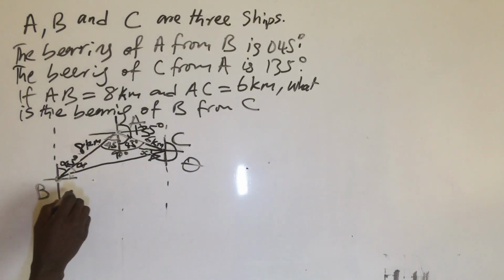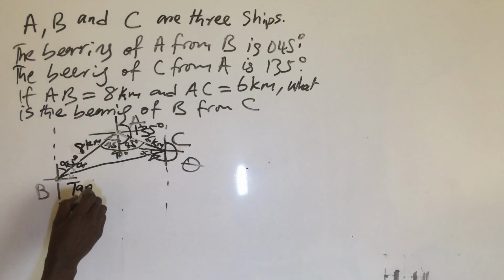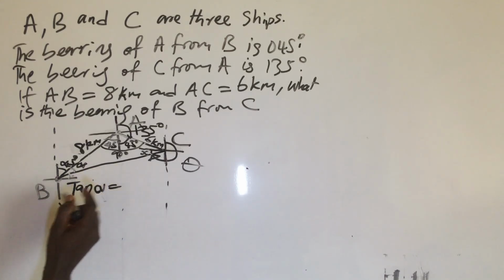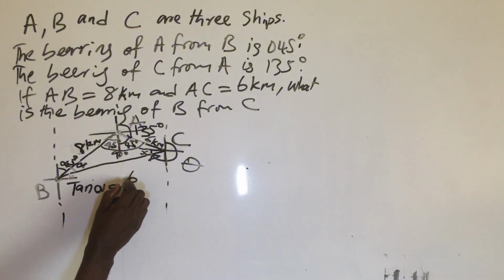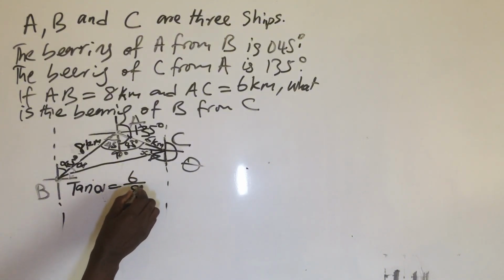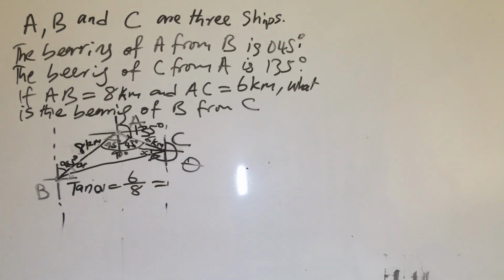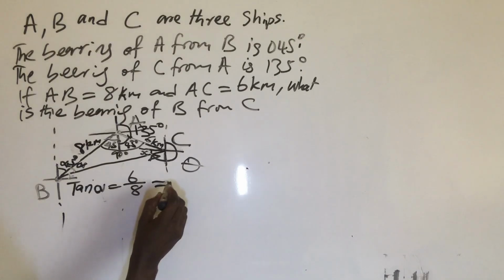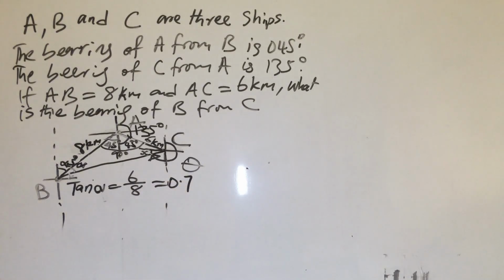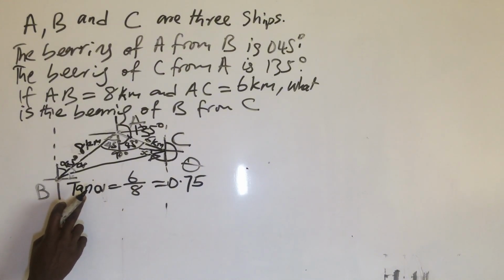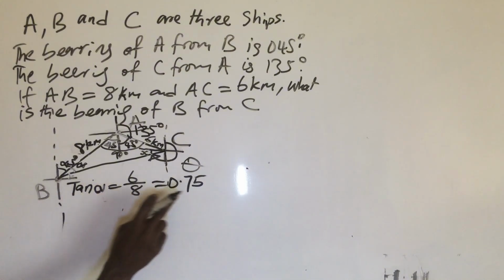So we now use tan A equals opposite, which is 6, over adjacent, which is 8. Which will give us 6 divided by 8, which is what? 0.75. We will now find angle A by taking tan inverse of this.